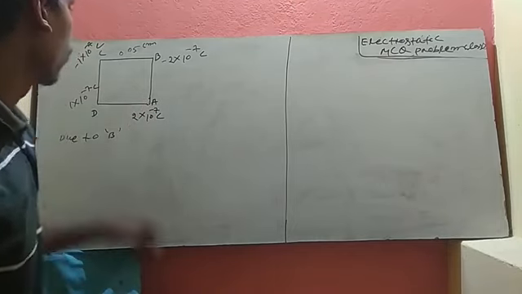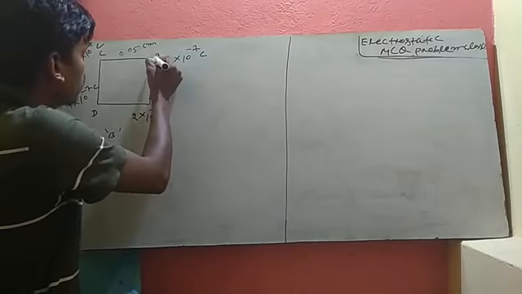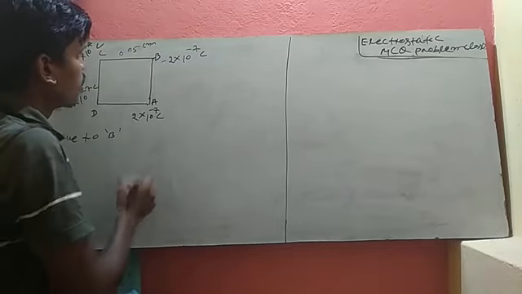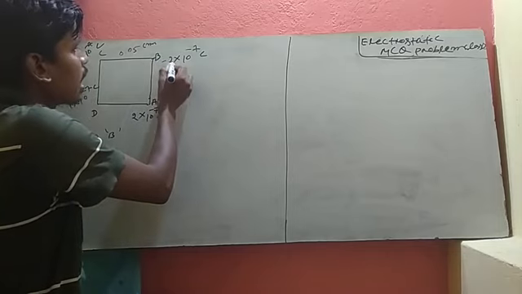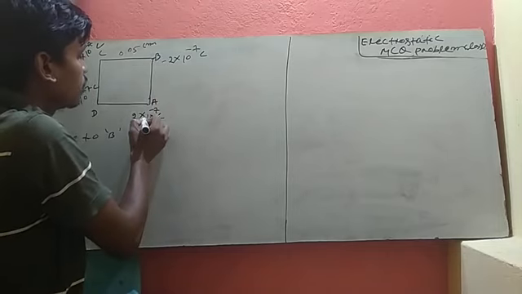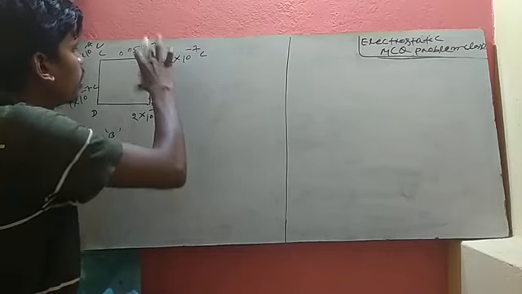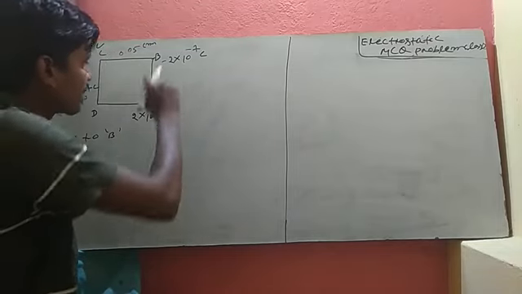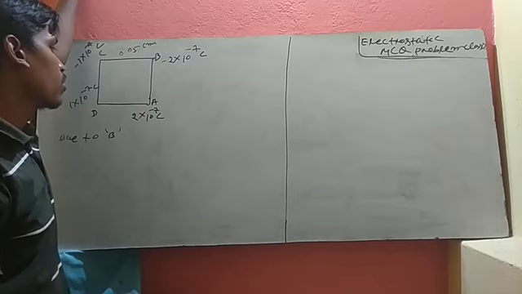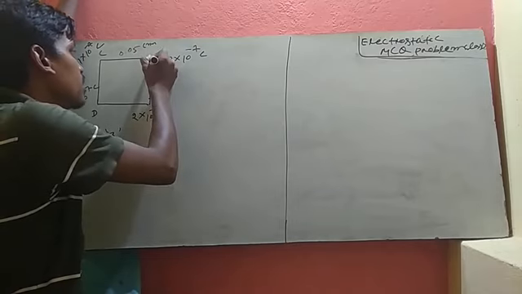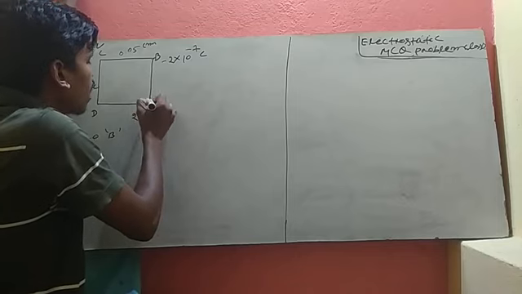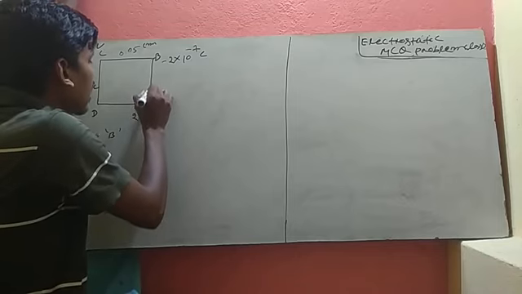Listen. Due to B, at B the charge is negative and at A the charge is positive. So the force between A and B is attractive, because unlike charges are present. So due to B, the force acting on A is an attractive force.